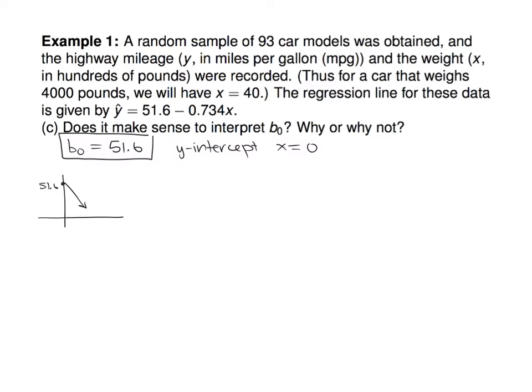So to check and see if this makes sense, you have to plug in x equals 0 and see if this means a reasonable thing. So if x equals 0, we have y hat is equal to 51.6. What this means is that a car weighing 0 pounds gets 51.6 miles per gallon.